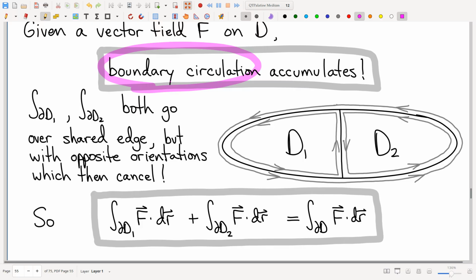To be an accumulating quantity, we need the whole to be the sum of the parts. So let's think about D1.